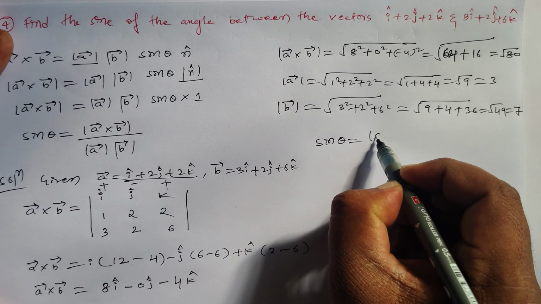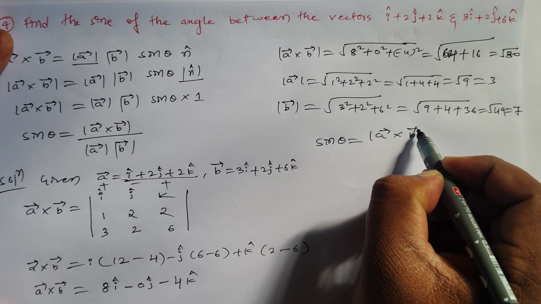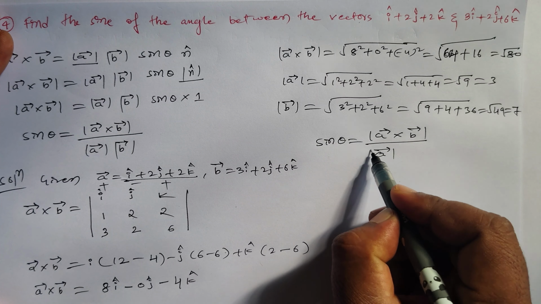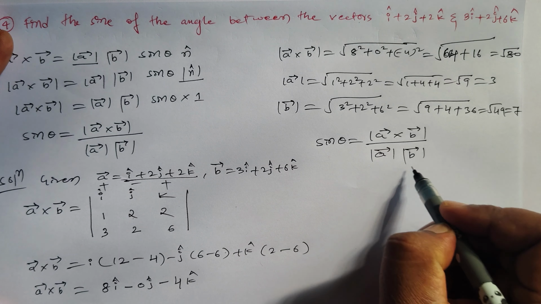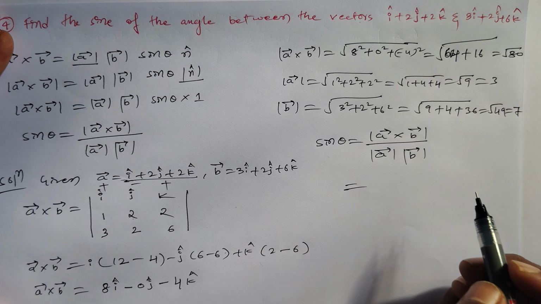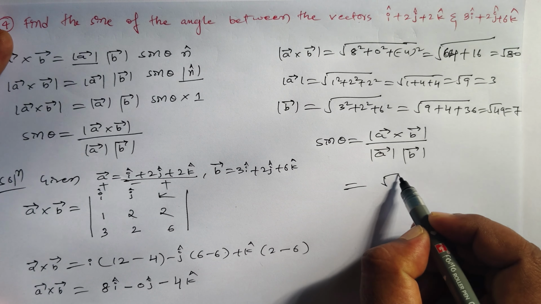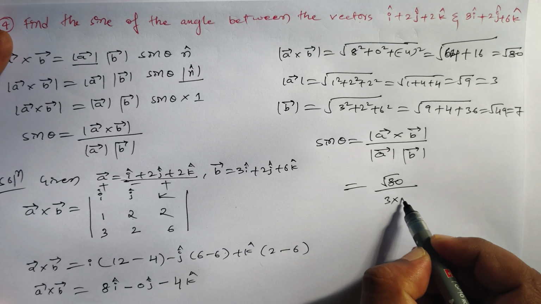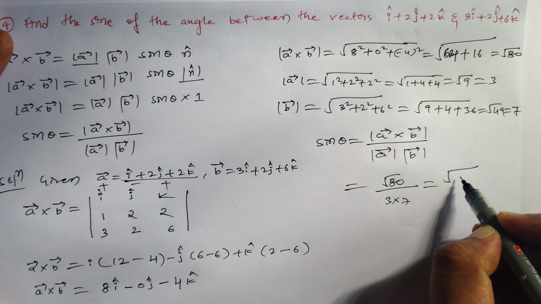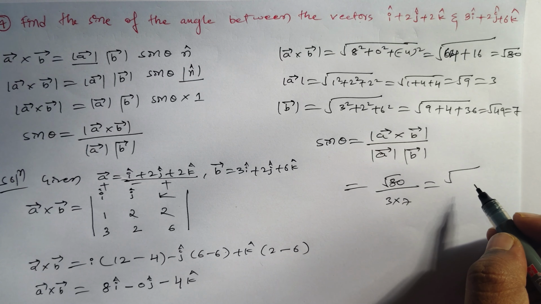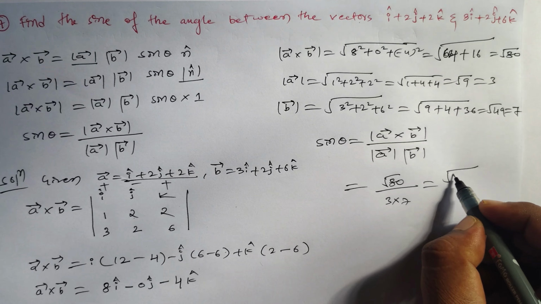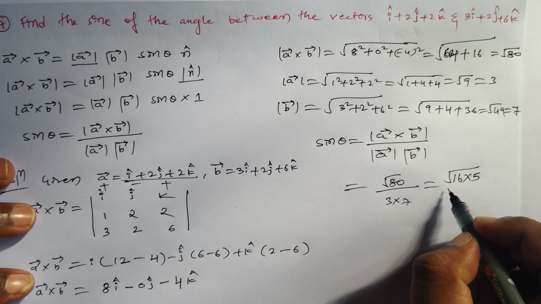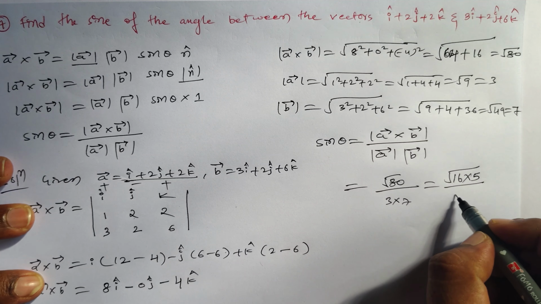Okay, right. So sin theta, what is the formula? Sin theta is equal to magnitude of A vector cross B vector divided by magnitude of A vector into magnitude of B vector. So A cross B magnitude is root 80 divided by 3 into 7. 16 into 5, 16 5s are 80, divided by 21.